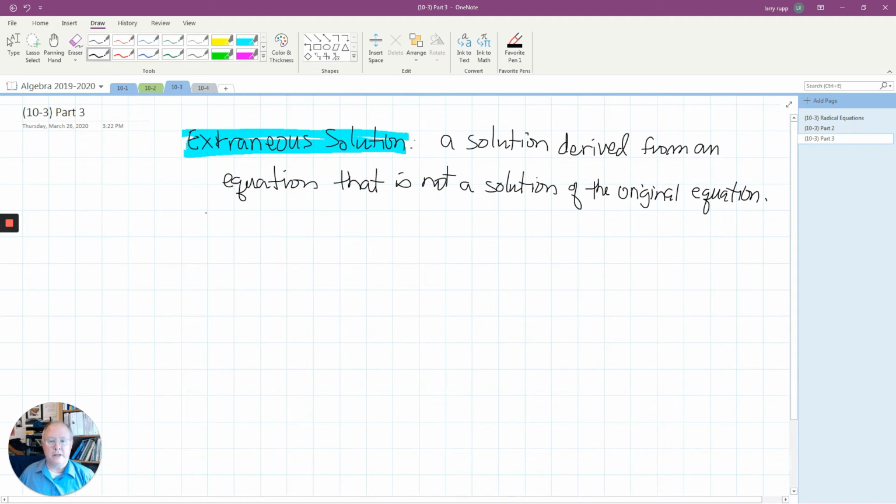So extraneous solutions. What is an extraneous solution? It's a solution that's derived from an equation that is not a solution of the original equation. And what does that mean? Well, remember that when we're solving radical equations, we have to square both sides of the equation to get rid of the radical sign.